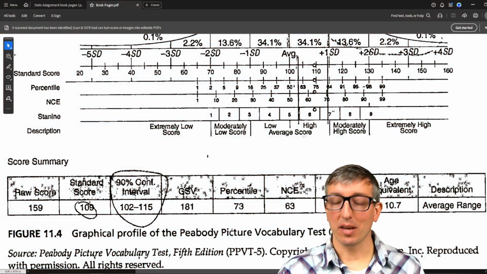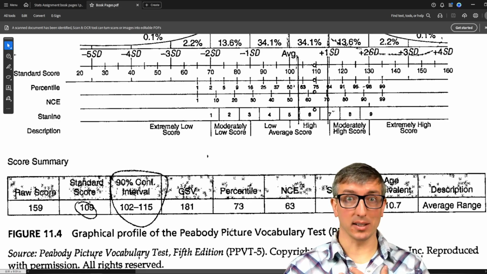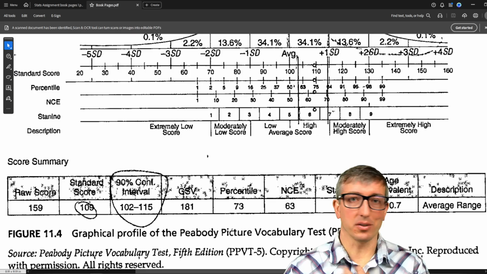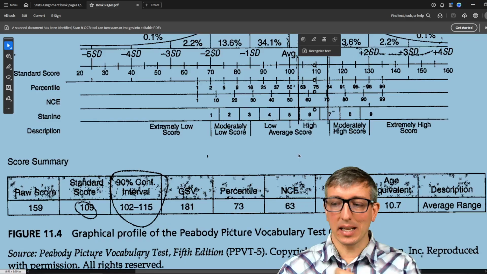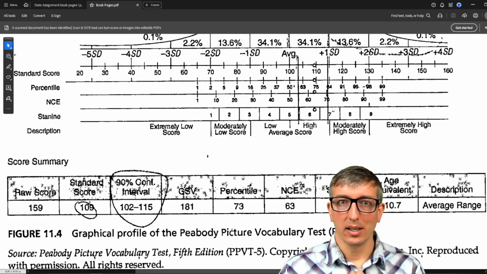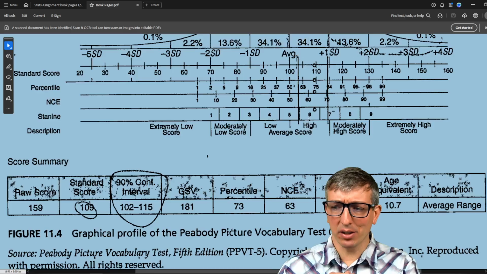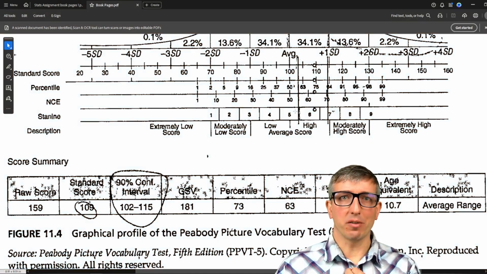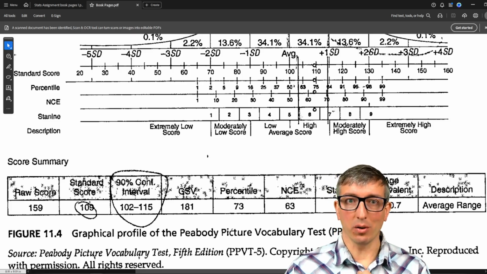If I'm writing this up on a report or talking to parents, whenever my son gets a test home from school, I don't know what those tests are. I don't know how they work exactly, but I look at these things. Oh, he's in the average range, just a little bit over average. Great, that's fine. Some parents see a number like 4 and they're like, oh my gosh, 4, what's the average? Oh, it's 5.5. So 4 seems not good because it's like a whole point lower. Is that really bad?